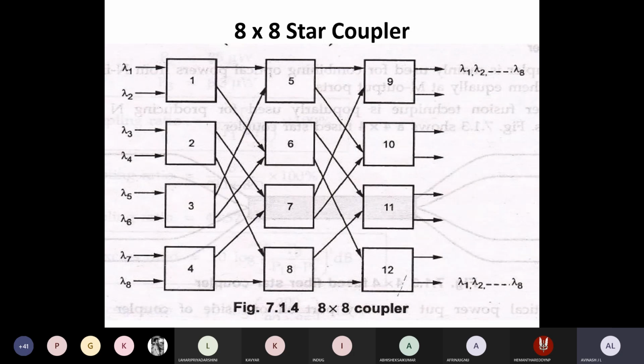This is the working. This is the connection. When we are connecting this, we must know how we are going to connect this. This is the connection and combination: how we obtain the 8 cross 8 star coupler out of 2 cross 2 couplers. So this diagram is very important. Please note it down.